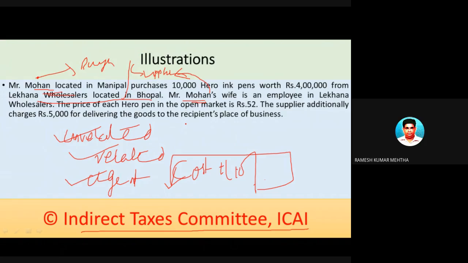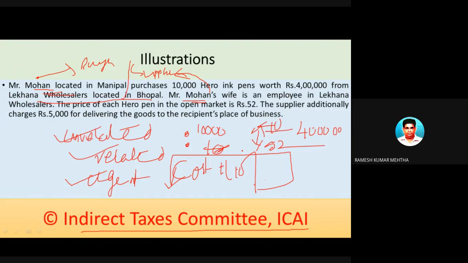The seller is selling to the buyer 10,000 pens at 4 lakh rupees, that is, at 40 rupees per piece. However, in the open market, he sells this product at 52 rupees. So certainly there is a difference in price. First and foremost, we have to identify whether there is a related party sale or not.